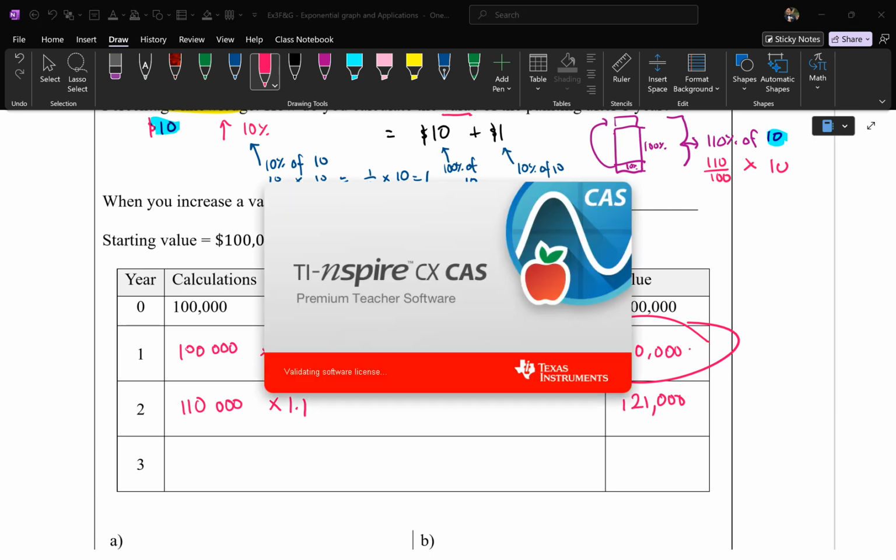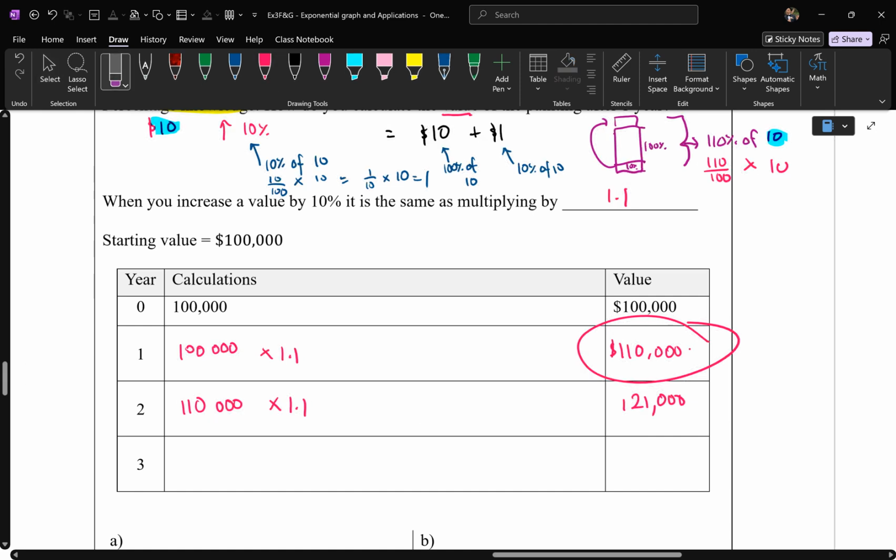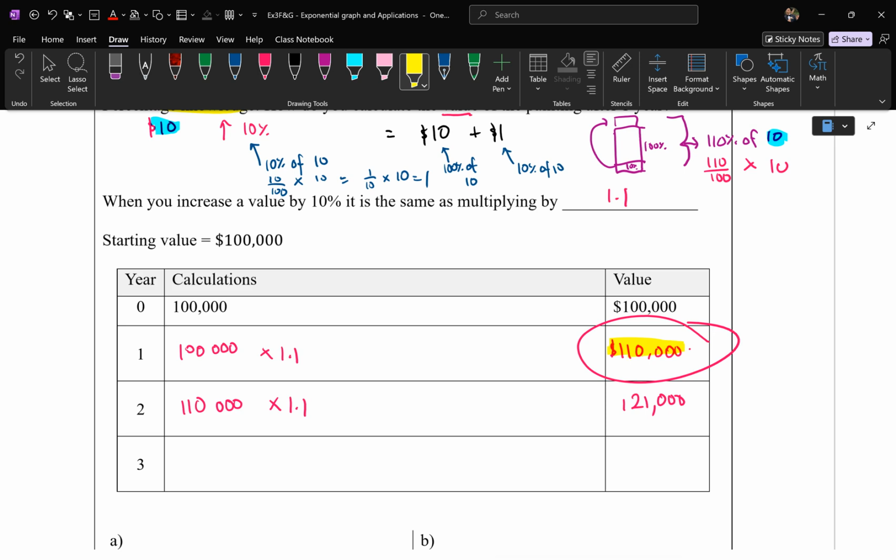See, 110,000 times 1.1, if you realize 110,000 was the result of getting this. See that? 110,000 was this. It's 100,000 times 1.1 to get that answer. So instead of writing 110,000, I can resubstitute this 110,000 by that statement.